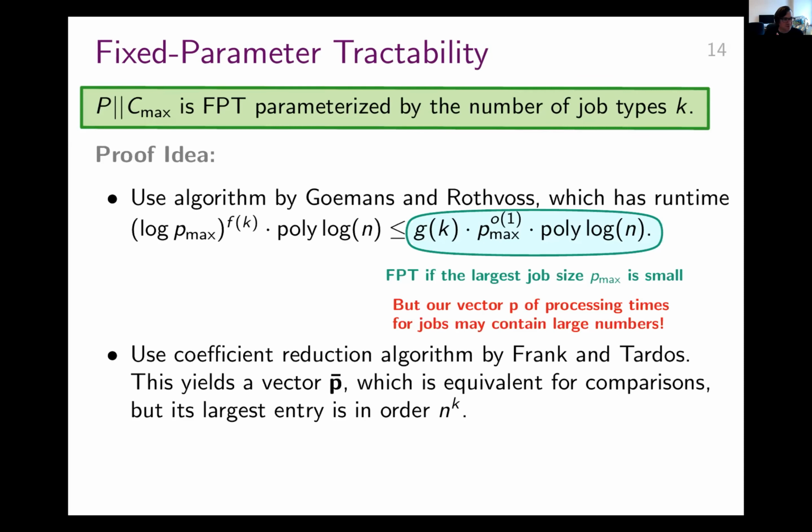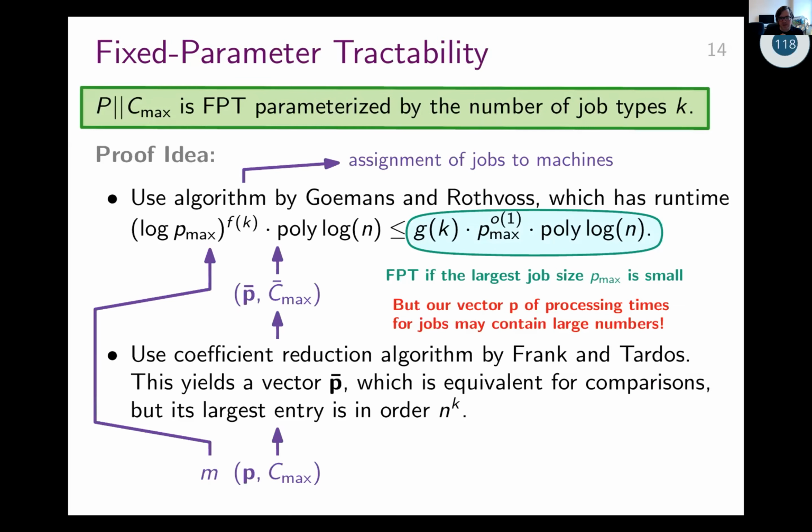Sorry, if the job multiplicities are up to n, then the numbers in p bar will be bounded by n to the k. So that's how much we reduce the complexity of the hyperplane, right? The hyperplane initially was encoded by arbitrarily long numbers, but if we know we're in a small box, we will get an equivalent hyperplane, and the numbers appearing in this will be at most n to the k.